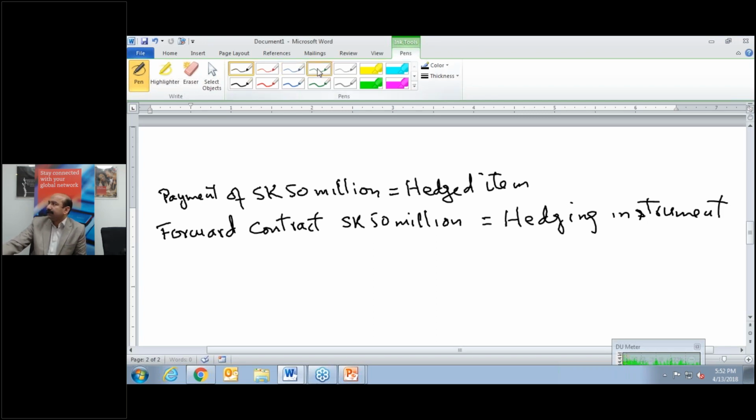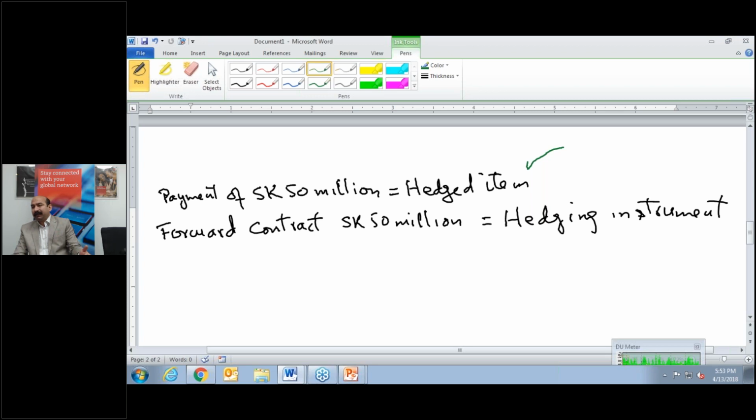So you can note that unlike fair value hedge, this hedged item is not part of our accounting record. This payment, in fact, is not part of our accounting record. Why?